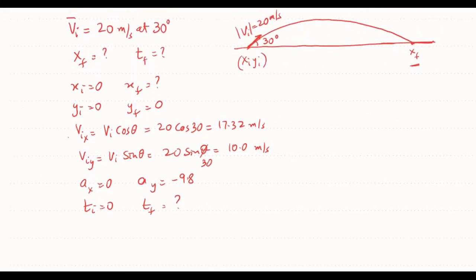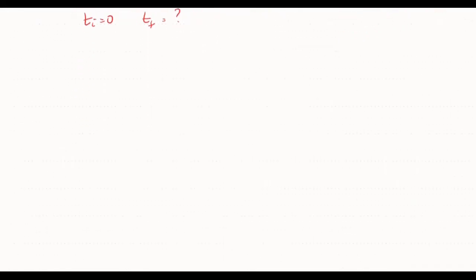Now, normally in these problems we use the Y equation to get time, and we use the X equation and the time to get the displacements. So we can just straight away use the Y equation. We can check it out, but it's going to come out to be like this.